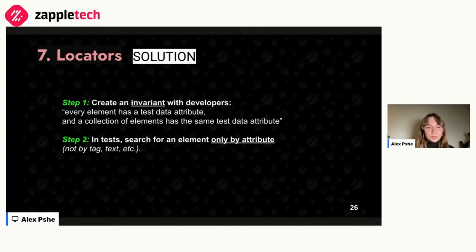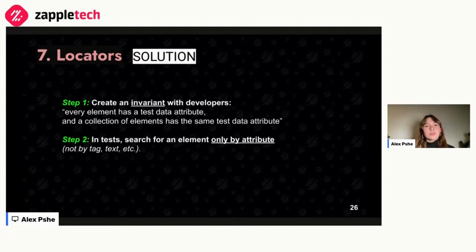And also, in tests, we should search for elements only by attributes, not by tag, text, or something else, only attributes, that's all. Or in our situation, when for example we don't have an attribute, in this case we should find the part of the element which should never change and use only this part.